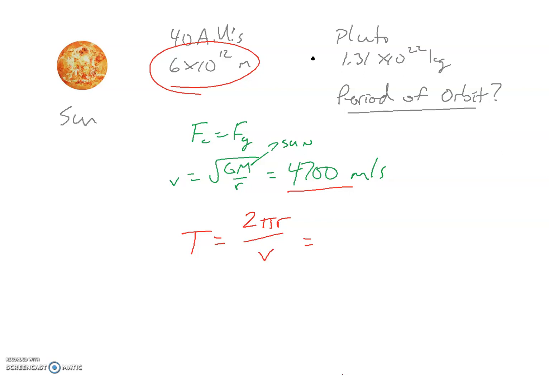All right, so putting those values in, we've got about 8.0 times 10 to the 9 seconds, which of course is a really, really long time. And you know, it's the basic time conversion. That's still going to be just over 2 million hours. It takes a really long time for Pluto to obviously go around the sun being so far away.